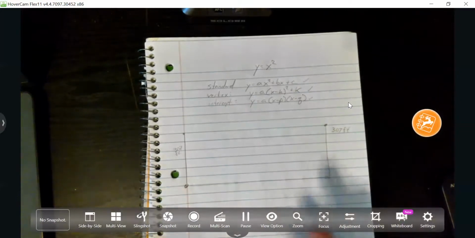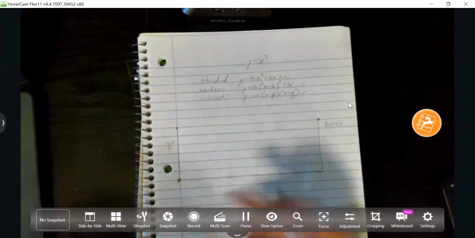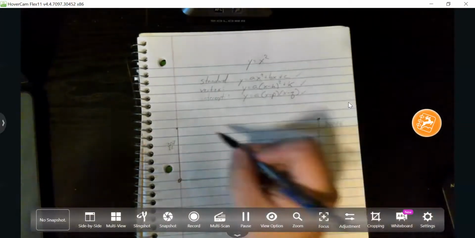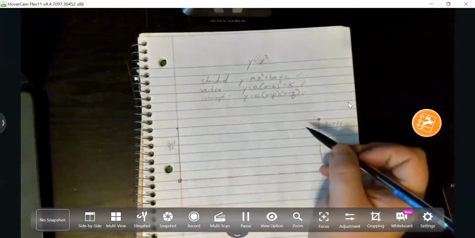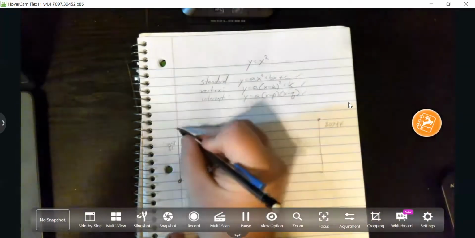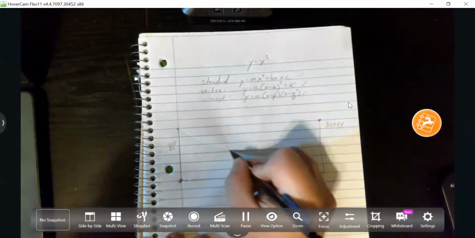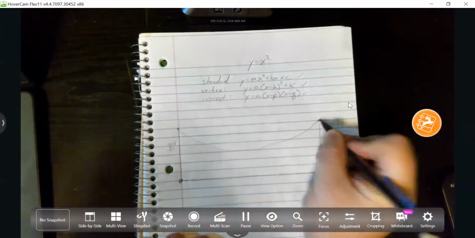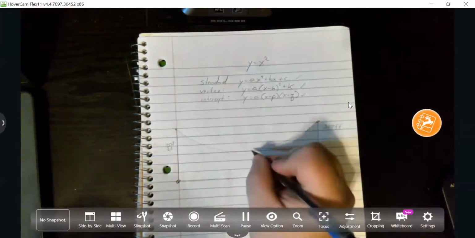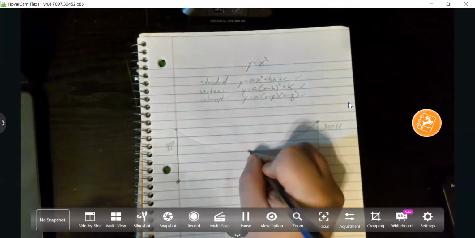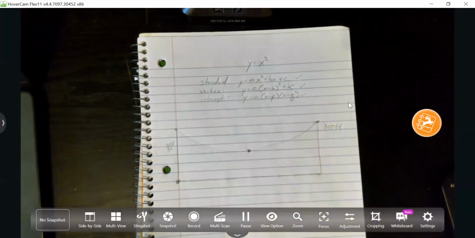If you've ever had the chance to drive across a suspension bridge, it's very similar to a parabola. It's not quite exactly, but it's pretty close. So the cables come down and do something like that, assuming I could draw a nice curved line. That would be our vertex if we were looking at this as a parabola.